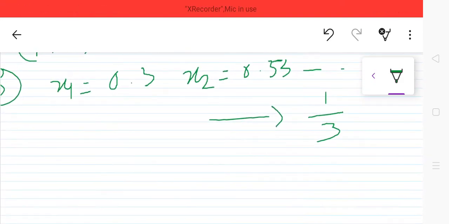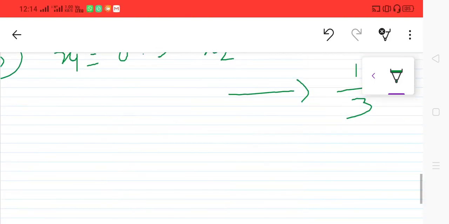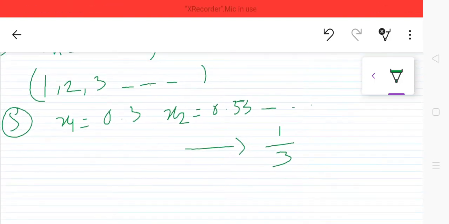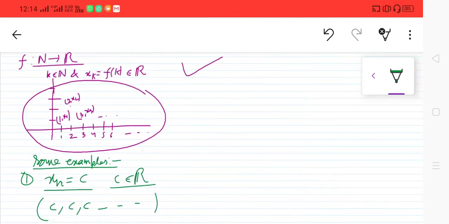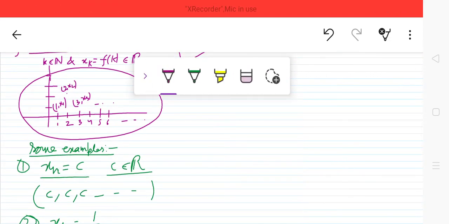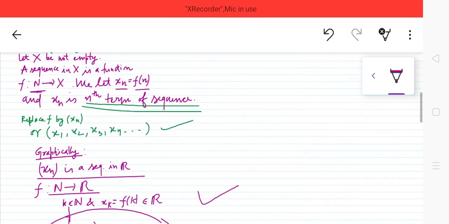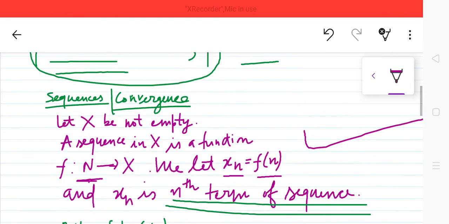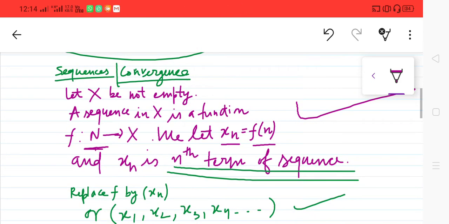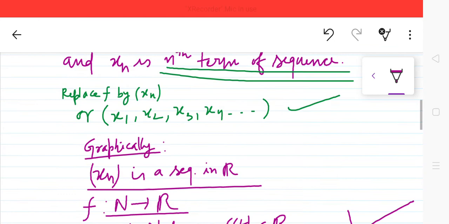Now we are going to discuss the convergence definition. I think what I have shown here is very clear. Let's again see this: a sequence is a function, and then a term of the sequence.